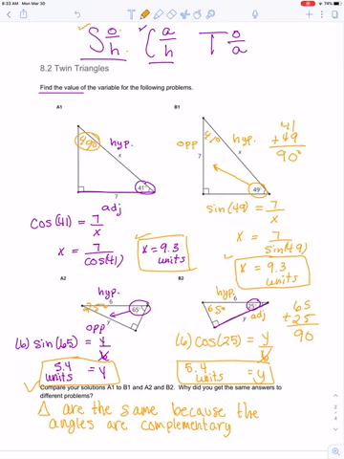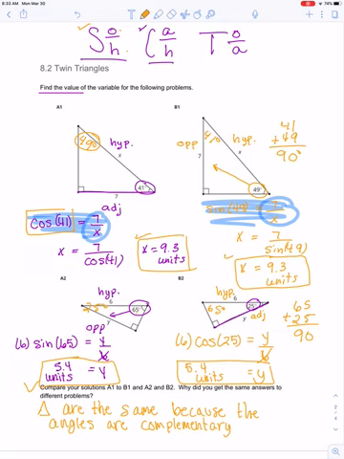So what we just found out here is we used cosine, and if you look, let me highlight. If you look here and here, you notice that they're both 7 over x.